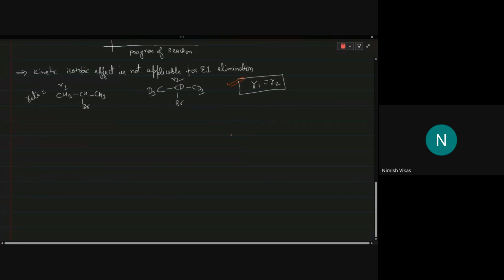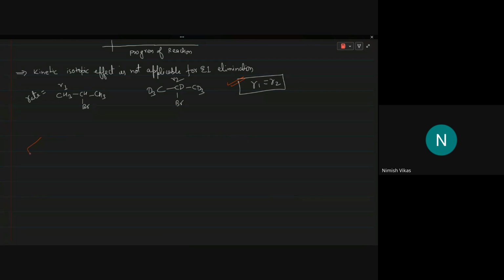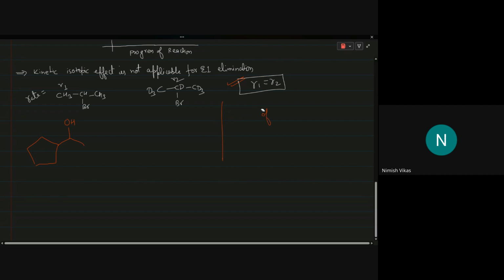Now, in your chapter of alcohols, phenols and ethers, this has been taught in your class also, like removal of alcohols in presence of acid is an E1 elimination. I'm writing this here separately: removal of alcohol, removal I should not say, dehydration I should say, this is the wrong word.